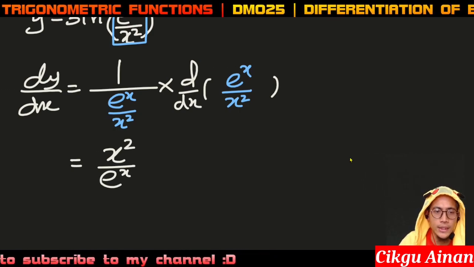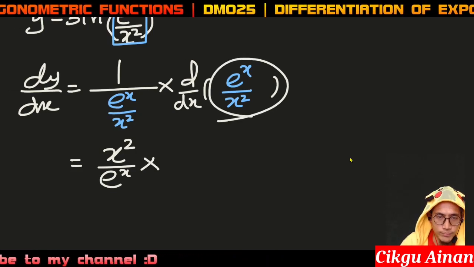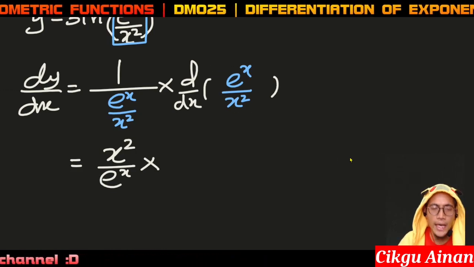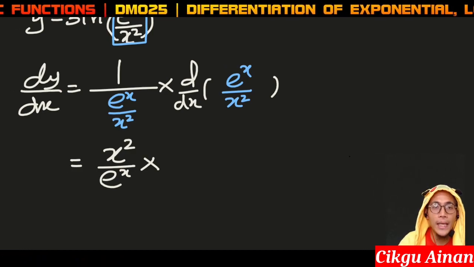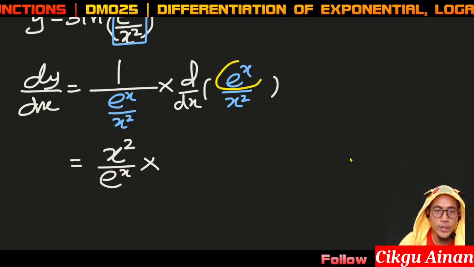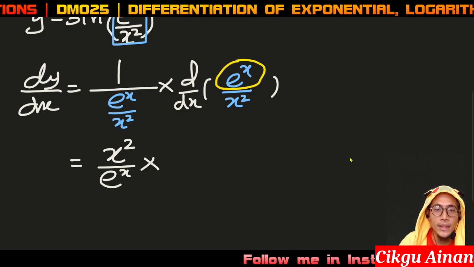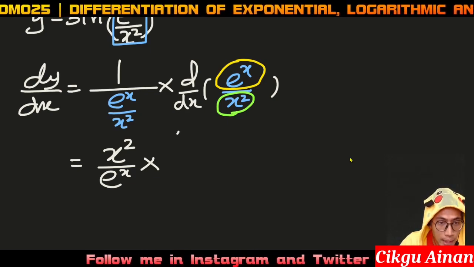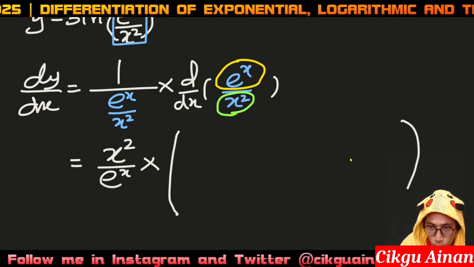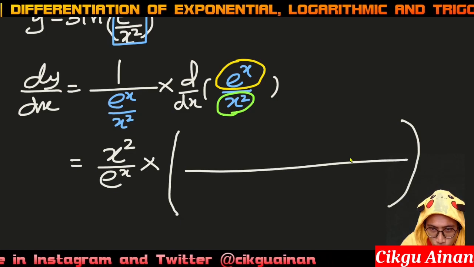Settled. Then we do this one. For this one, unlike the first one where we applied the product rule, this time we are applying the quotient rule, because we have this as a numerator and this as the denominator. For that purpose, I'm going to have a quite bigger fraction over here.